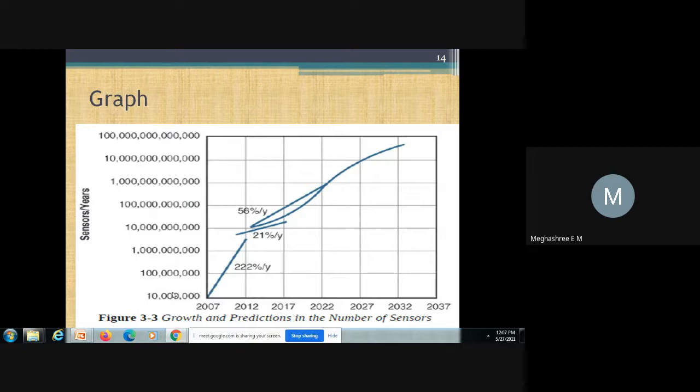So as you can see here, every year it is growing like anything, right? So the sensor usage is increasing in all the fields of application in the market. That is what is depicted in this graph.